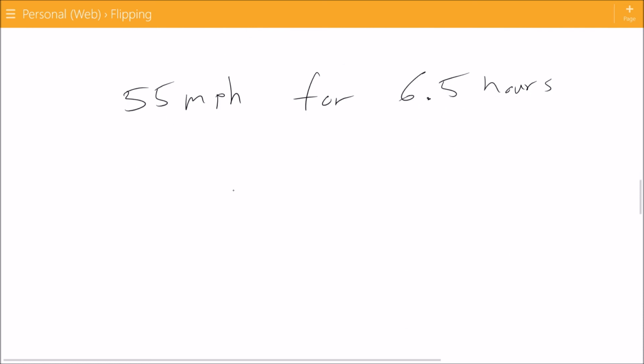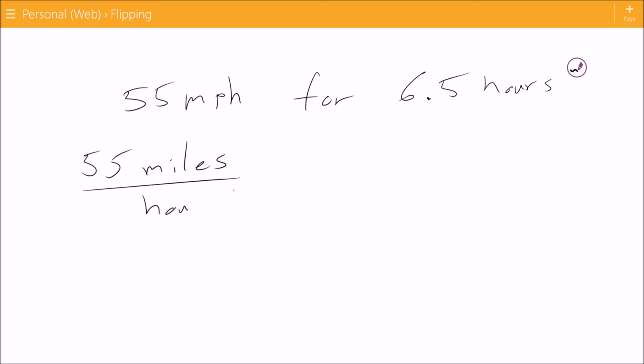You can also use it when you're working between units. So 55 miles per hour, you drive for 6.5 hours. How far do you go? Well, it helps if you think of 55 miles per hour as a ratio. This is another example of how ratios are all around us in our world every day. 55 miles per hour, you can think of the dividing line there as per. So you are driving for 6.5 hours.